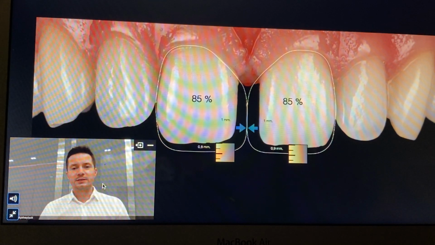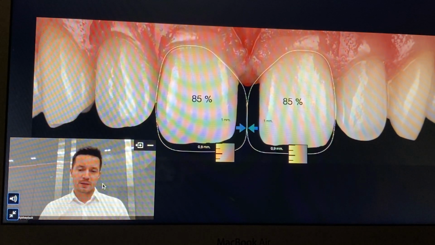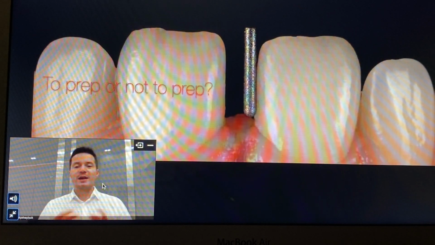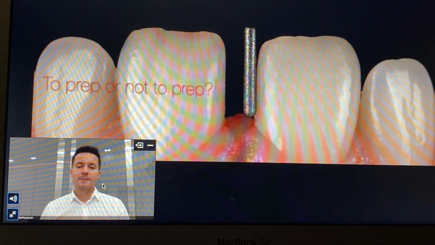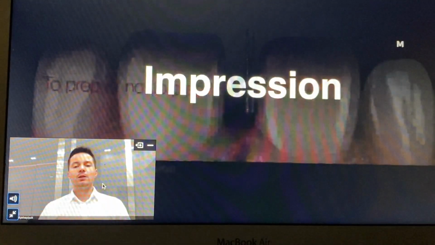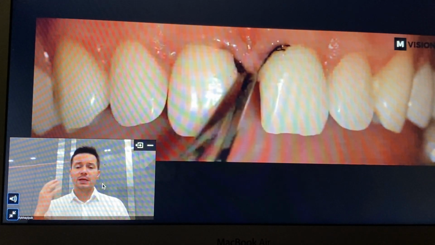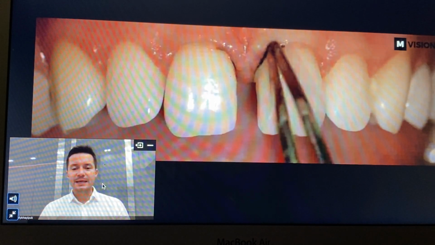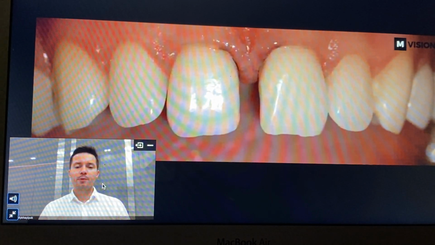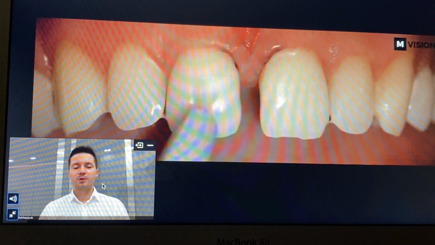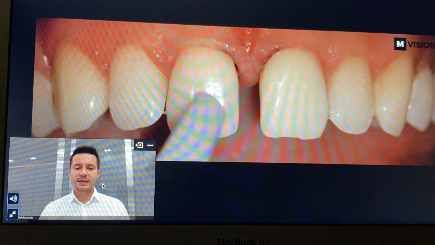Then the question is, prep or not to prep? Of course, again, as I said previously, we want to save as much tooth structure as possible. And here we take a decision not to perform any preparation, just to use a double cord technique for impression. So I put a 3-0 cord in the sulcus proximally, and on top of it, I put a 2-0 cord with a viscostat. Why?